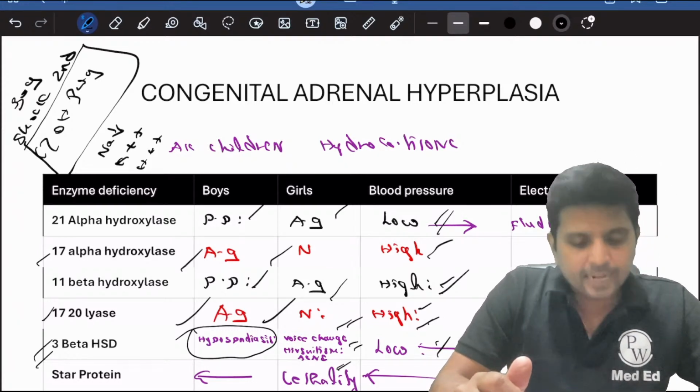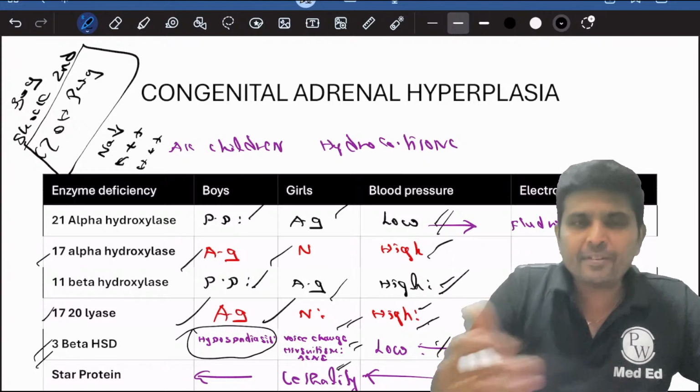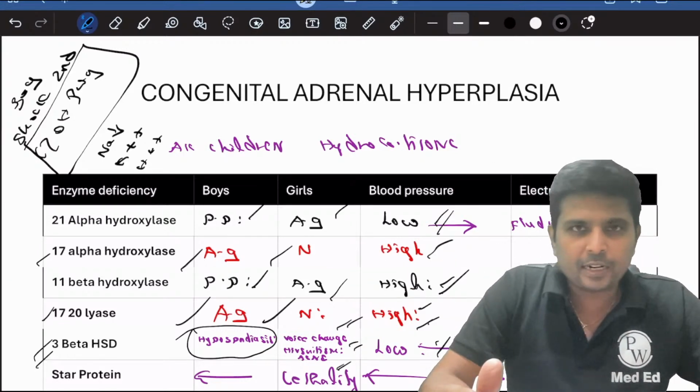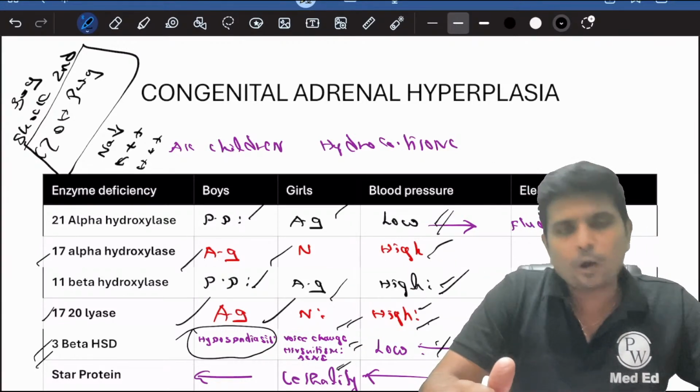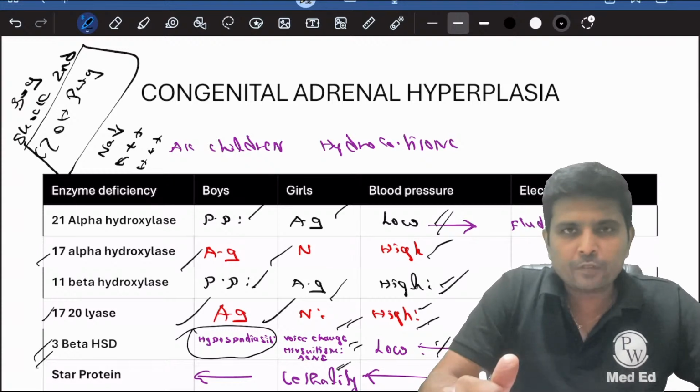Then, previously you have a child with congenital adrenal hyperplasia, but right now the mother is pregnant. What will you do?